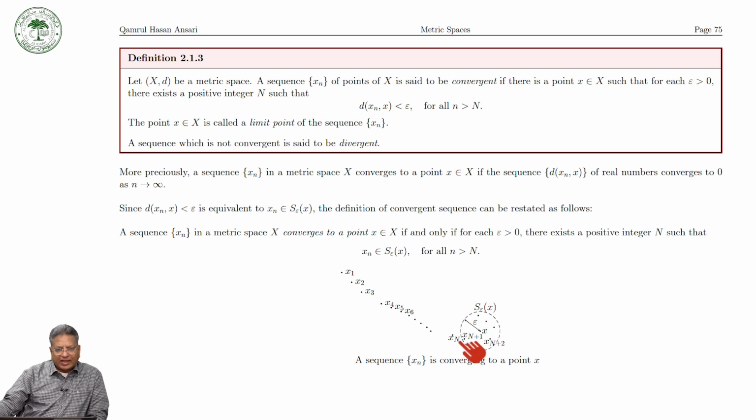After capital N, all the elements of the sequence will lie within this open ball. So for all n greater than N, all the points lie in this open ball. That was the definition of convergence of a sequence.